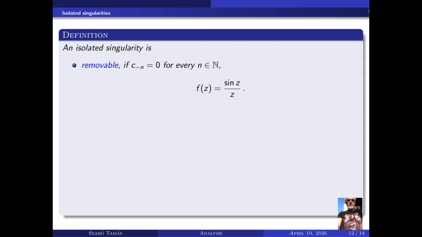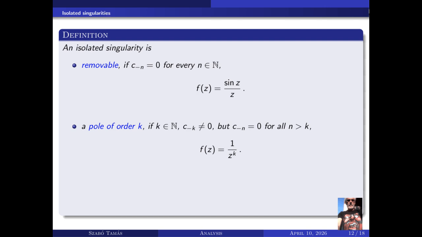Isolated singularities. An isolated singularity is called removable if c_{−n} = 0 for every positive integer n. A standard example is f(z) = sin z / z. An isolated singularity is called a pole of order k if k is a positive integer, c_{−k} is not 0, but c_{−n} = 0 for all n bigger than k.